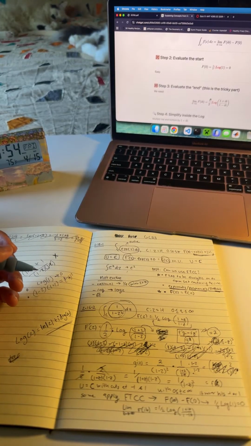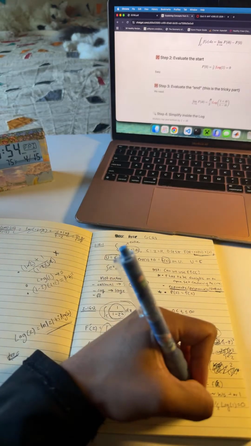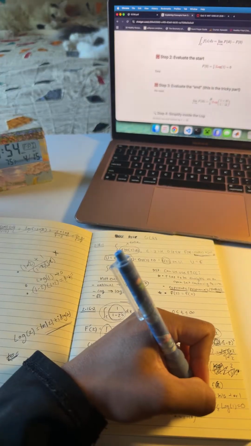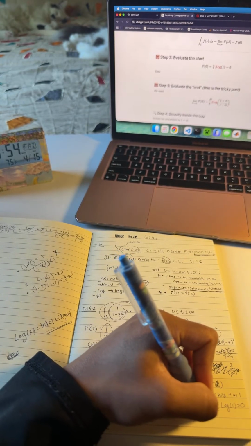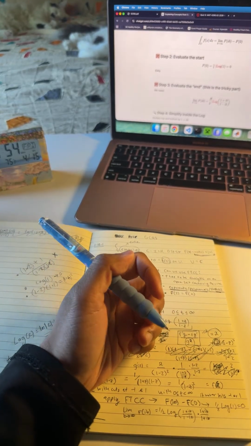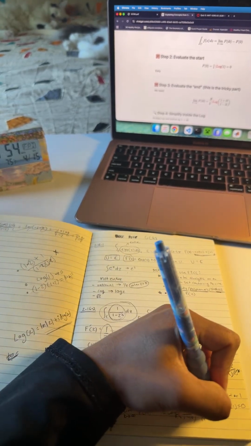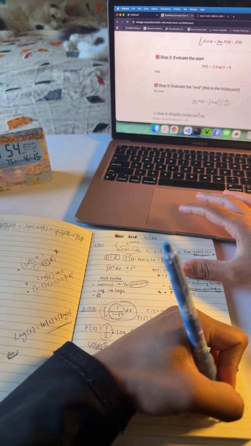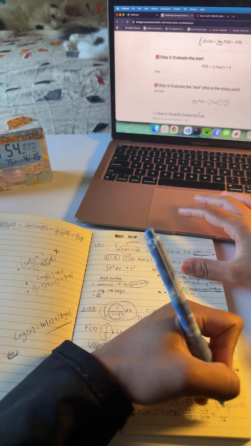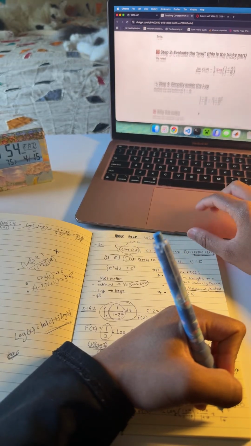But we want to simplify z as best as we can. So we multiply the top and bottom by 1 plus IB. 1 plus IB over 1 plus IB, that's just 1. But it does give us something easier to work with. Just 1 minus IB squared, right?